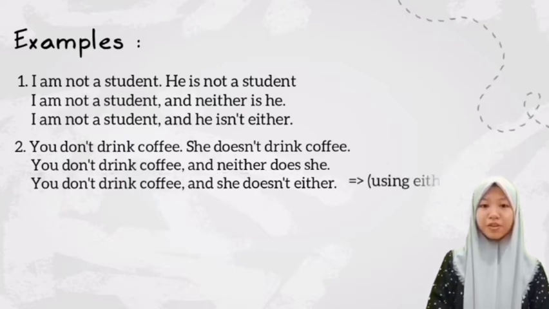By using either: you don't drink coffee, and remember the formula, the subject of the second sentence, she, plus the auxiliary verb plus not, doesn't or does not, plus either. You don't drink coffee and she doesn't either.